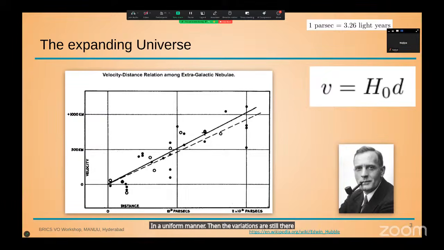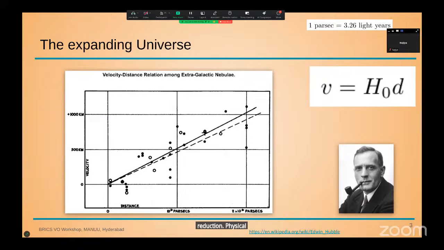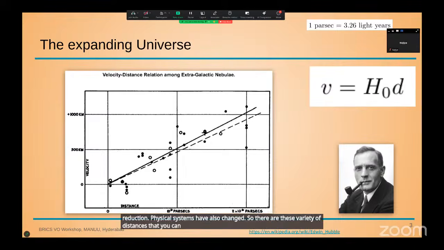So you can measure just using the gradations and nothing would have changed. But the actual physical distance has also changed. So there are a variety of distances that you can define when things are expanding, which we are not used to in the Euclidean sense, in the Euclidean geometry that we take a look at. And so this is where I would like to start, so that you have an idea of how we measure this distance.